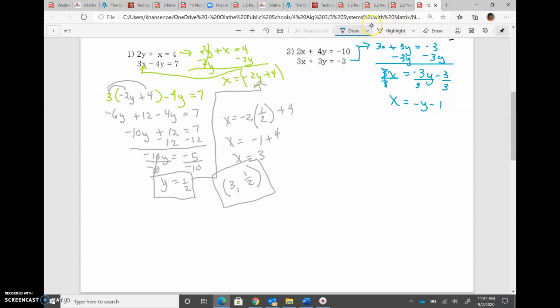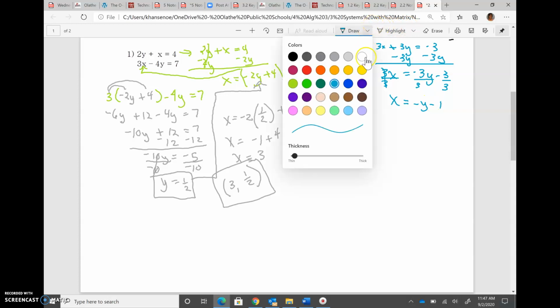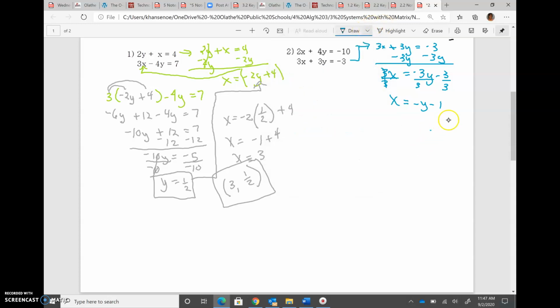Okay, so remember, now this is where you're plugging in. I am taking this and I'm plugging it in to my x value.